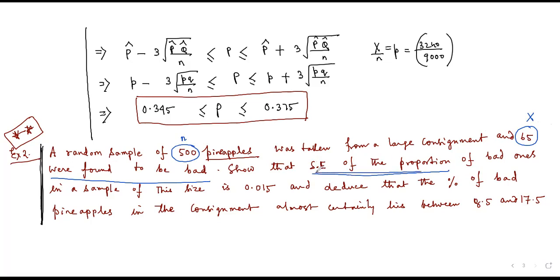Standard error of the proportion of what? Population proportion of bad ones in the sample. Now the standard error of the proportion is given by the formula square root of PQ by n. If capital P and capital Q are not known, it can be estimated by pq by n. This is the formula.